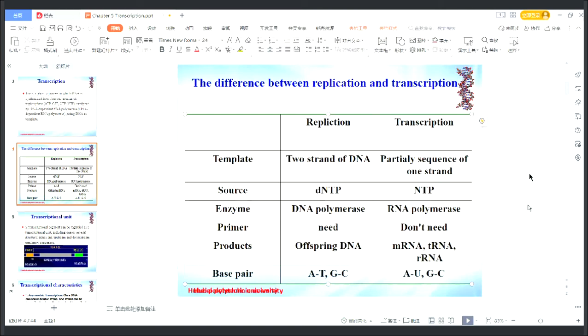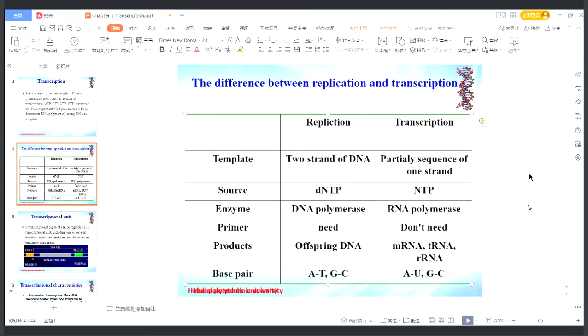Especially for the Okazaki fragments, every fragment needs the primer. For transcription, the RNA polymerase can synthesize the RNA straight from the beginning.